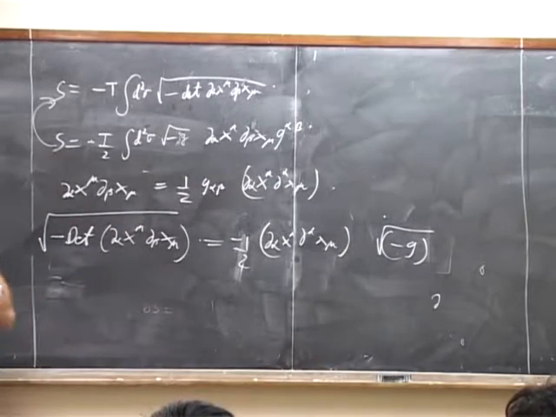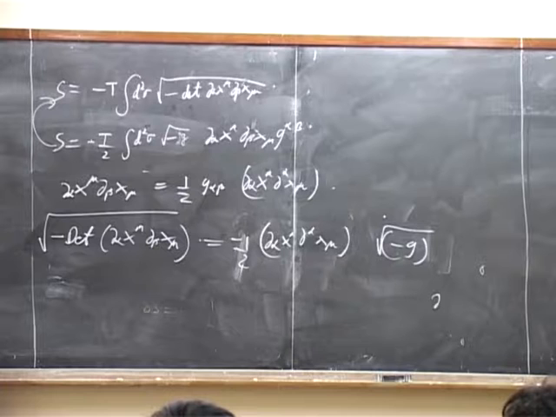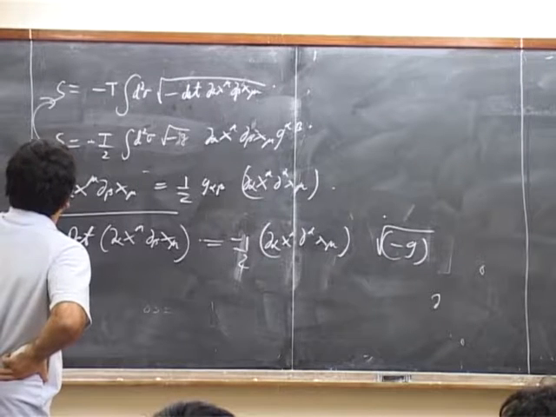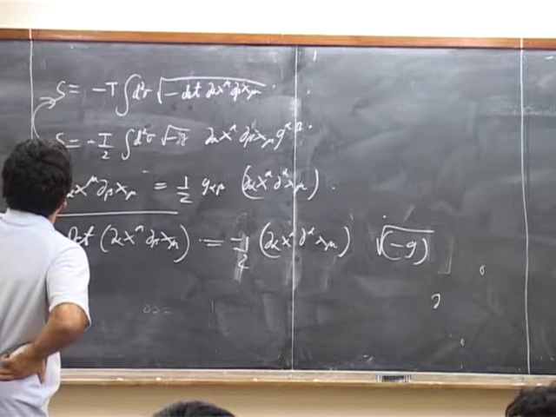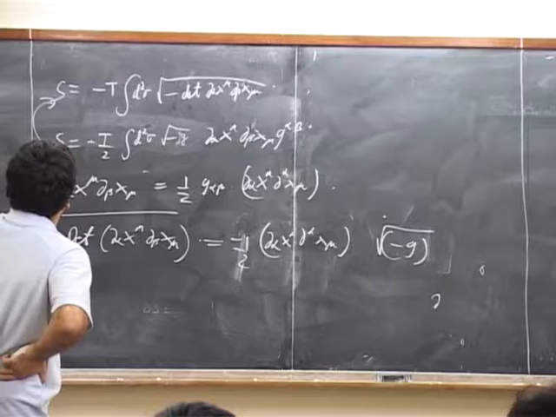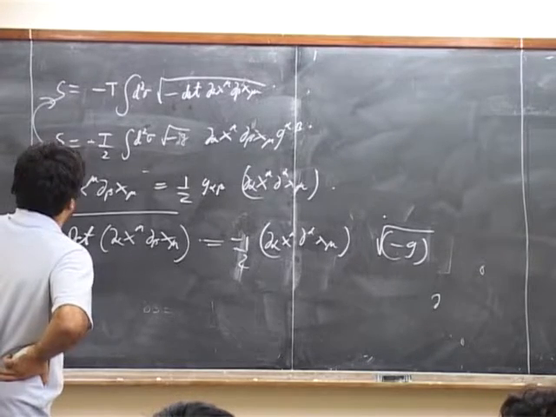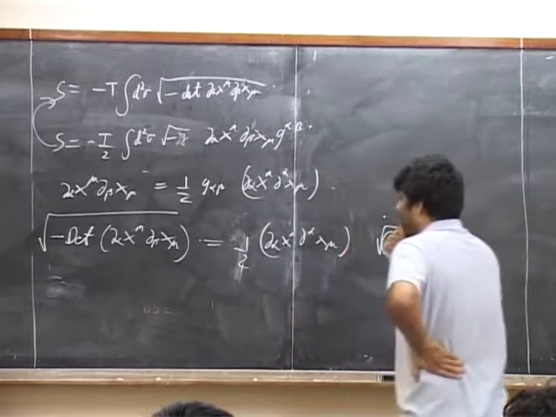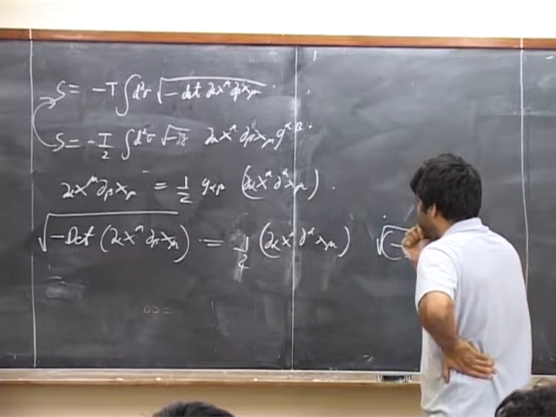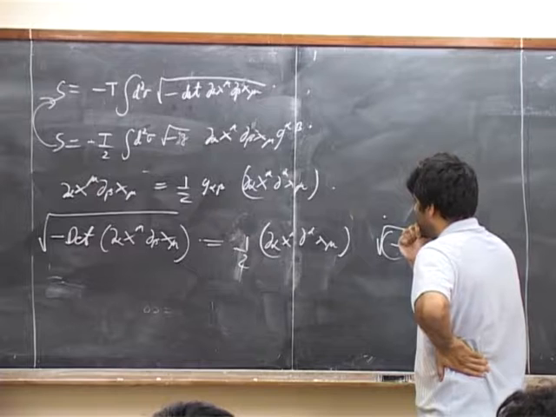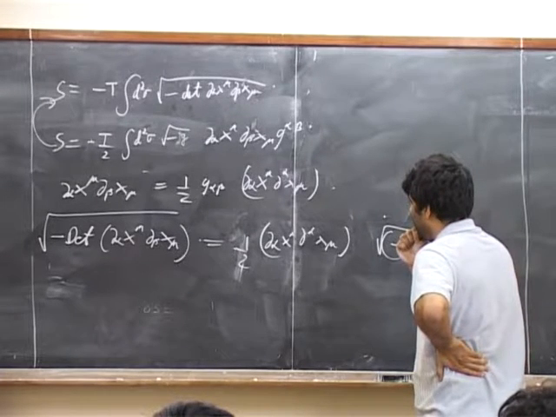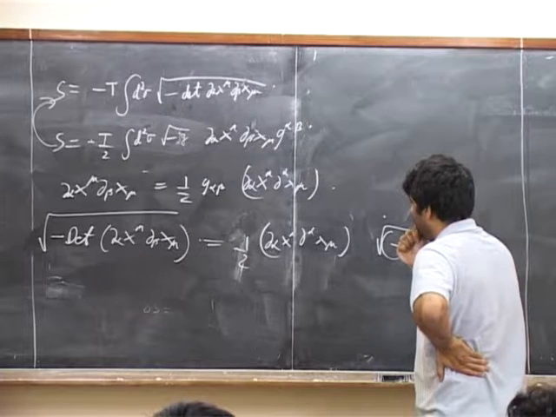Let's see. We want something that is positive. The minus sign won't be there on the right hand side. You're saying the minus sign won't be there on the right hand side. Possibly, because we took a square root of the thing, so there are two signs possible. So the one with positive will make the action positive.